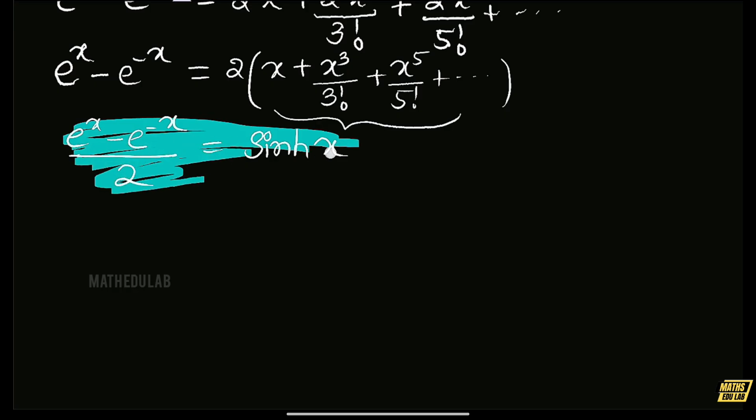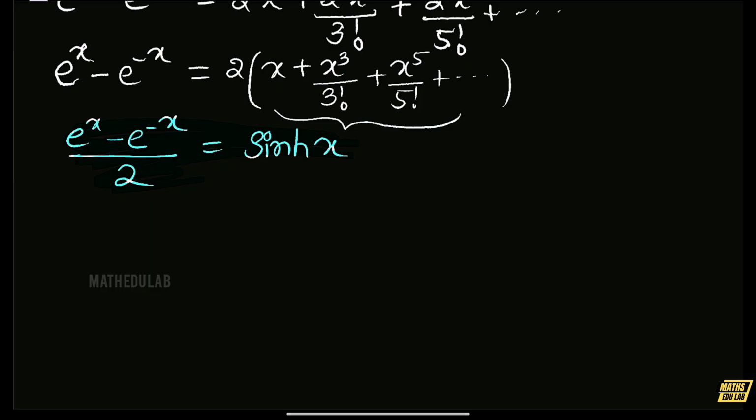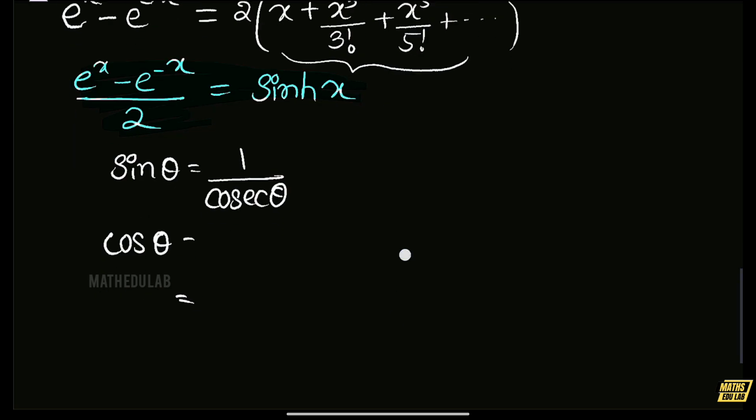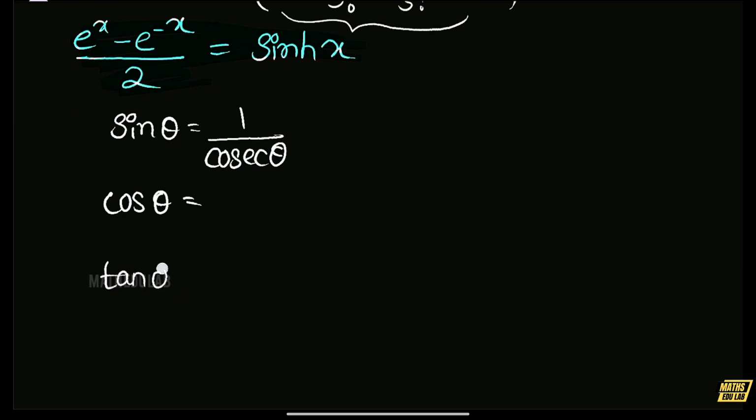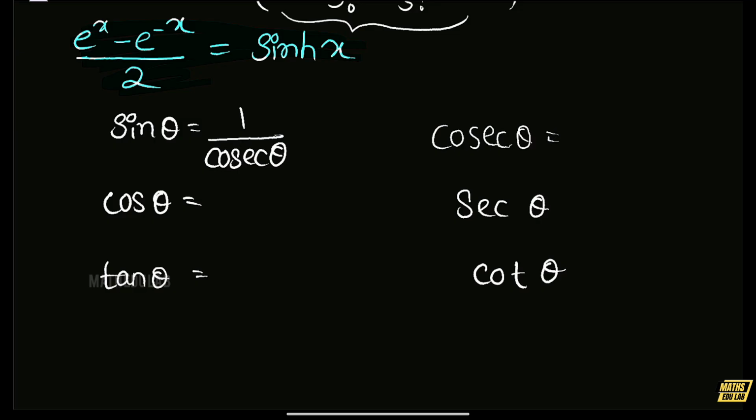Now we can easily derive the other formulas. As we know, the reciprocal values of trigonometric functions: sine theta is equal to 1 by cosec theta, and similarly for cos theta, tan theta, cot theta, sec theta, then cosec theta. We just write the reciprocal of these values, 1 by sec theta.